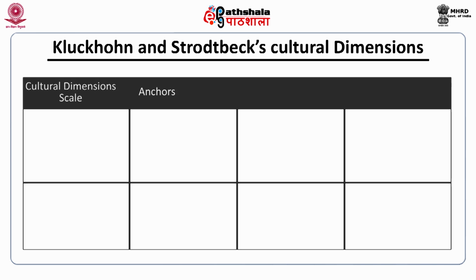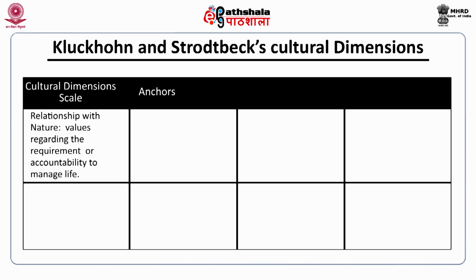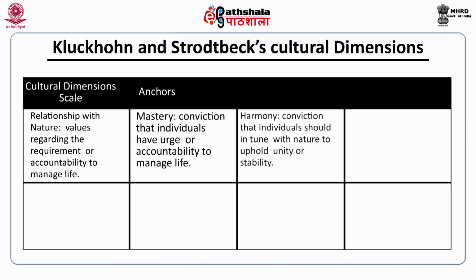On the cultural dimensional scales and anchors, it is explained: relationship with nature, the values regarding the requirement or accountability to manage life; mastery, conviction that individuals have the urge or accountability to manage life; harmony, conviction that individuals should be in tune with nature to uphold unity or stability; subjugation, conviction that persons must surrender to life.